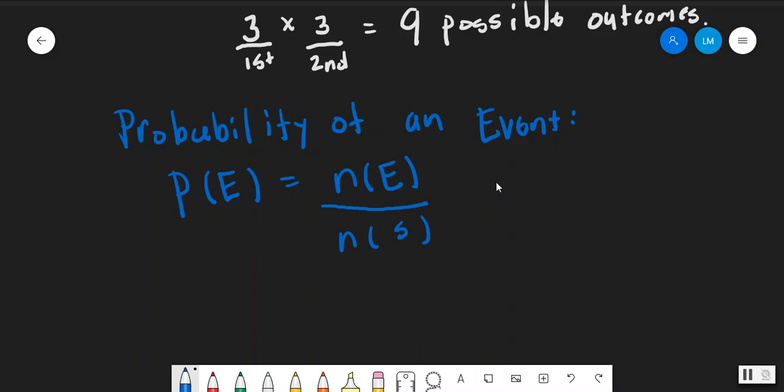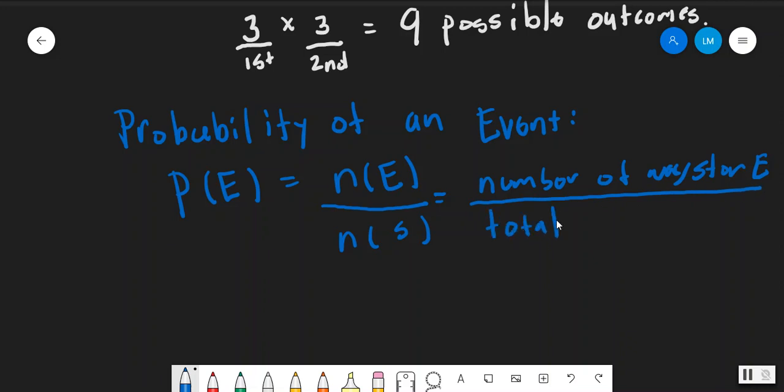So you have the number of ways for E, all divided by the total possible outcomes.